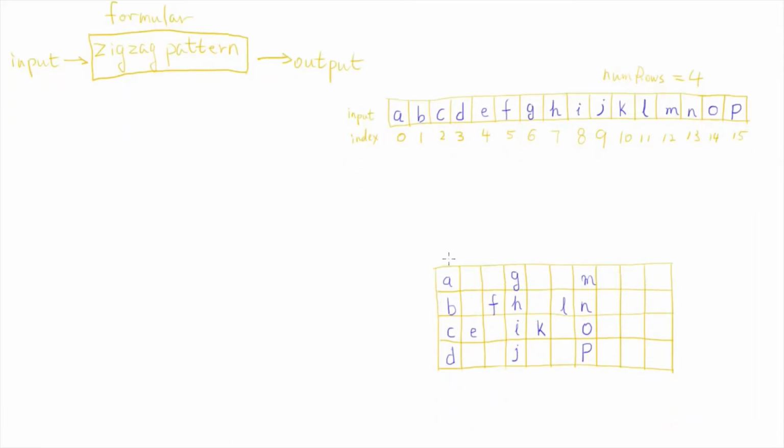In this matrix, we can see the characters are arranged in a repeating pattern. From here to here is the first cycle, and from here to here is the second cycle. To here is the third cycle. These are the row numbers 0, 1, 2, and 3. And here is cycle 0.